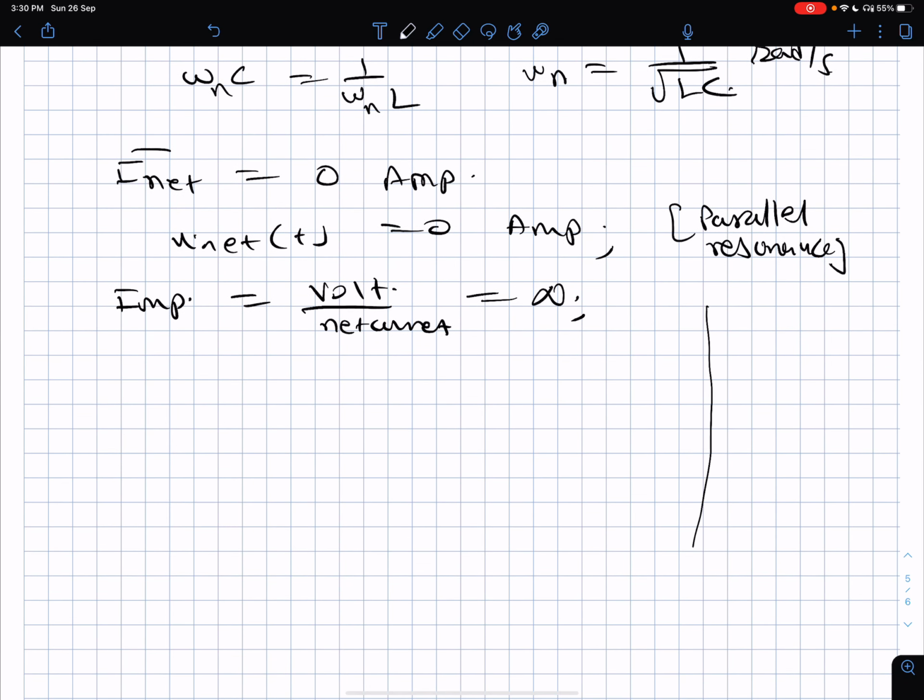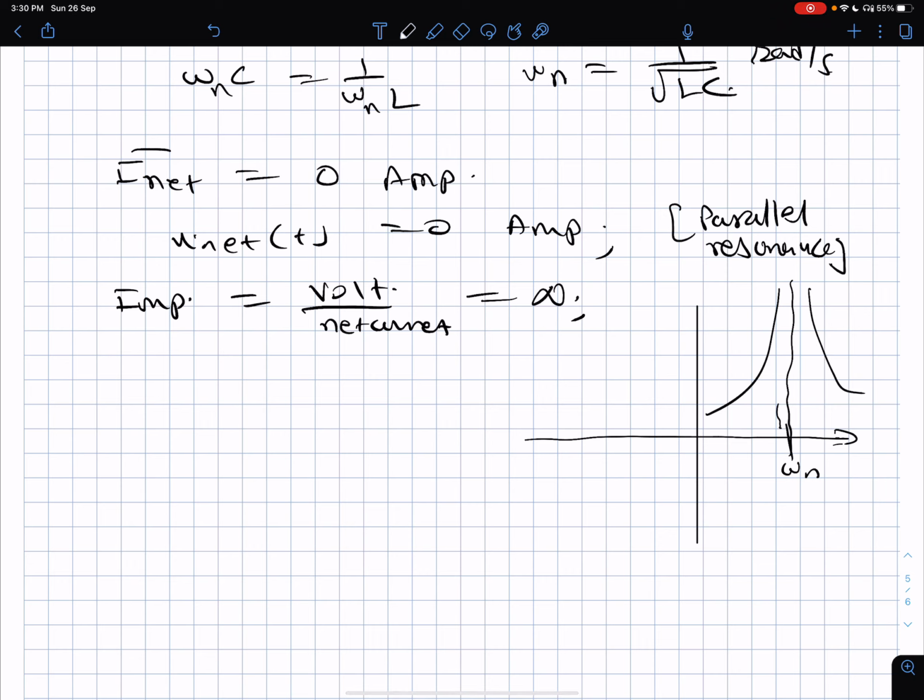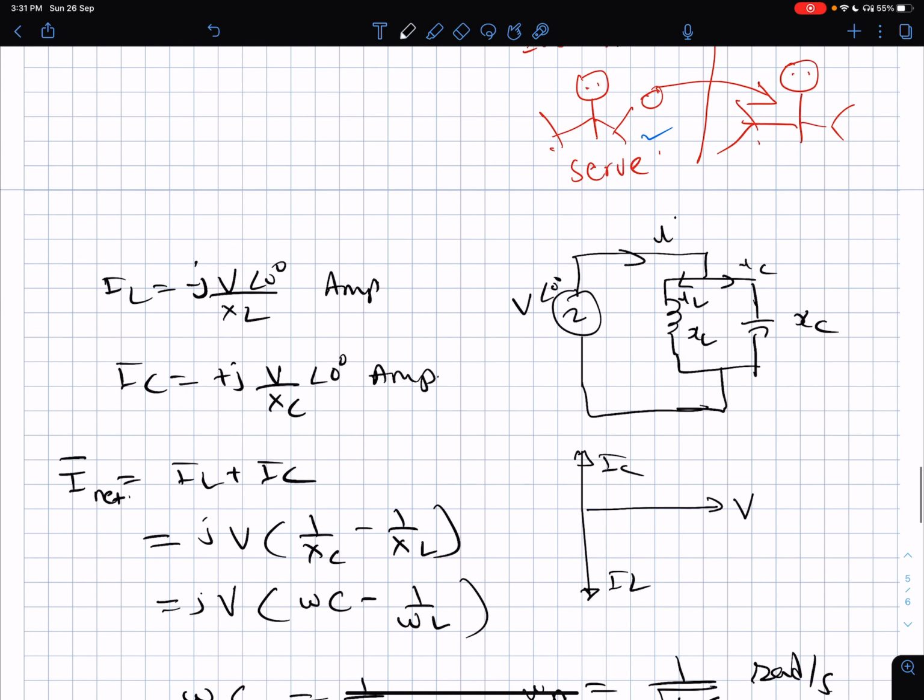So if you plot the impedance, let's say this is the omega n frequency, it will go to infinity and then start reducing again. I think I need to be more careful about my drawing.